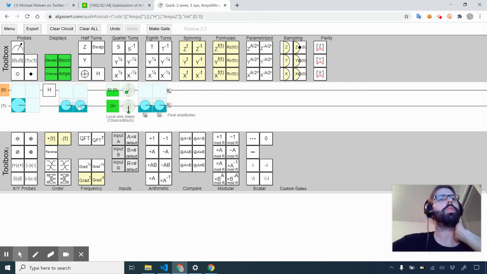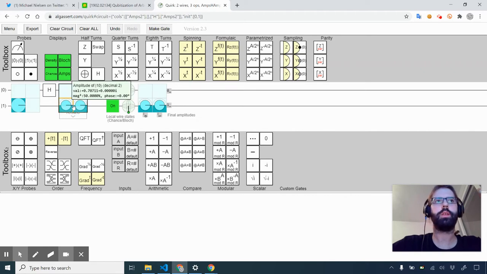Okay, so the way this works is this type of mapping doesn't map everything. It just maps the wire where the Hadamard is being applied into the phases, and the other wire is basically where the amplitudes exist.